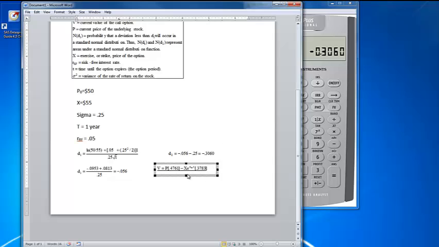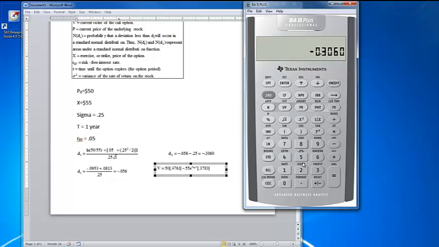And then I'll fill in the rest of my numbers here. P, in this case, is equal to 50. X is 55. To find the exponent raised to the negative risk-free rate times time, I'm going to put in 0.05. And then you'd multiply that by time.